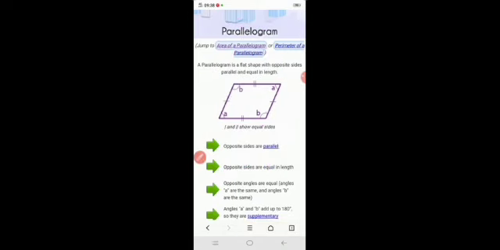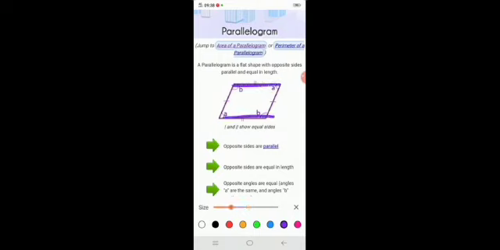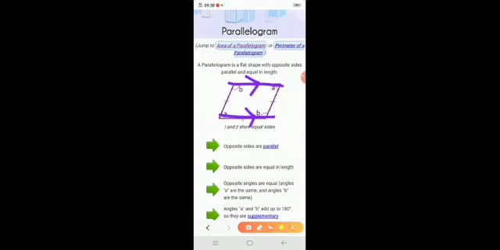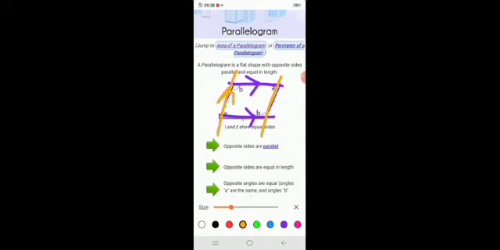If you look over here, we have two parallel lines here. This was the first pair of parallel lines. This is the first pair of parallel lines and this is the second pair of parallel lines. If you look over here, I have used these arrows. For the purple part I have used single arrows and for the orange part I have used double arrows.